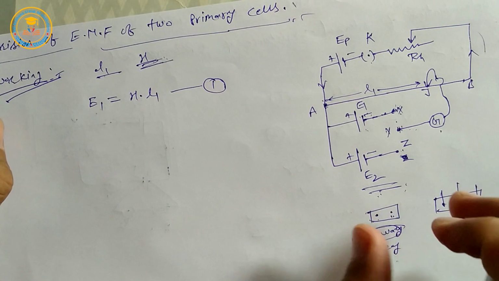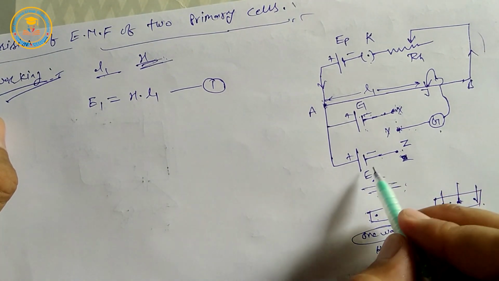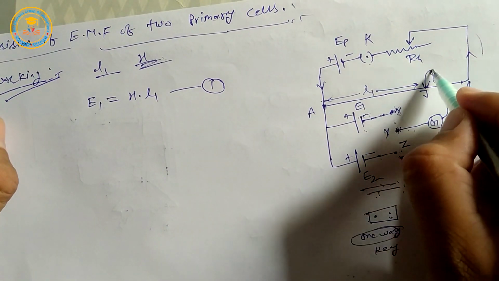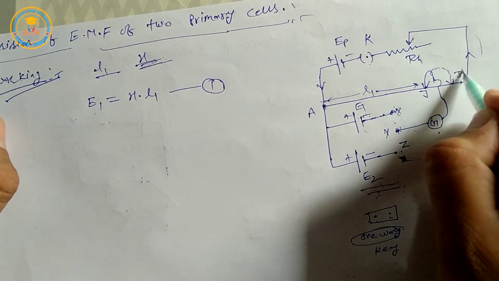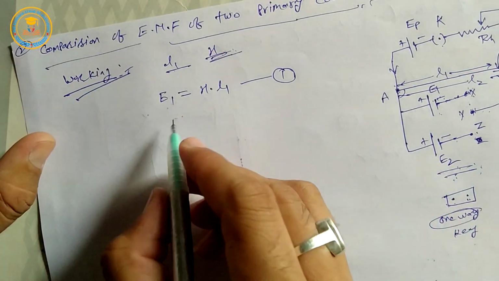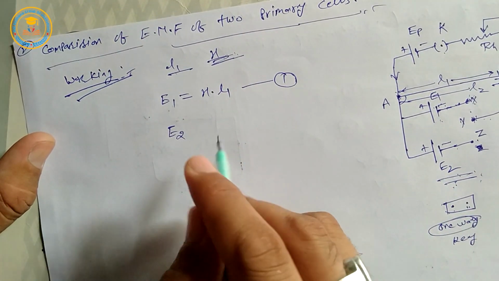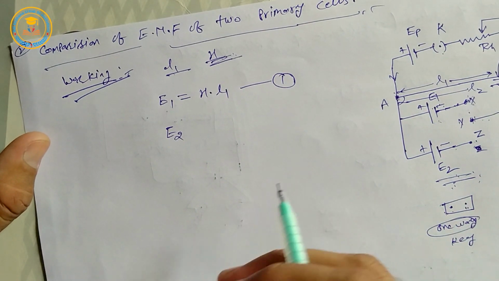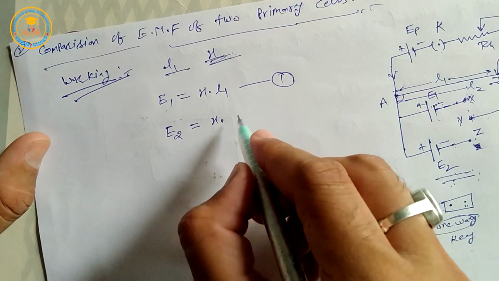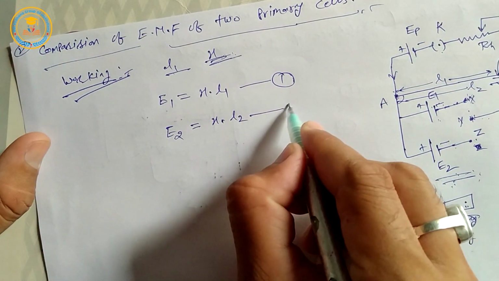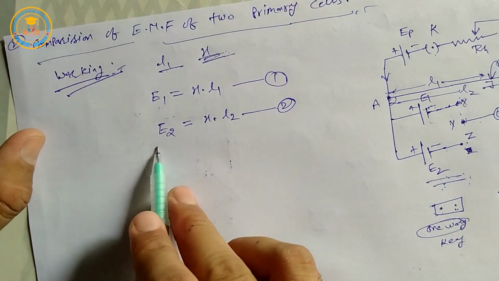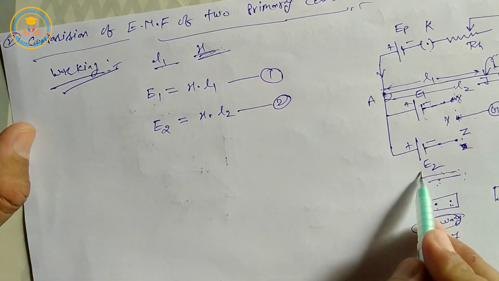In this condition, the balancing length for the cell of EMF E2, suppose this is another position J dash, is L2. Then again, according to the principle of potentiometer, E2 is equal to the potential gradient into the balancing length, X into L2. This is the unknown EMF of this cell, equation 2.